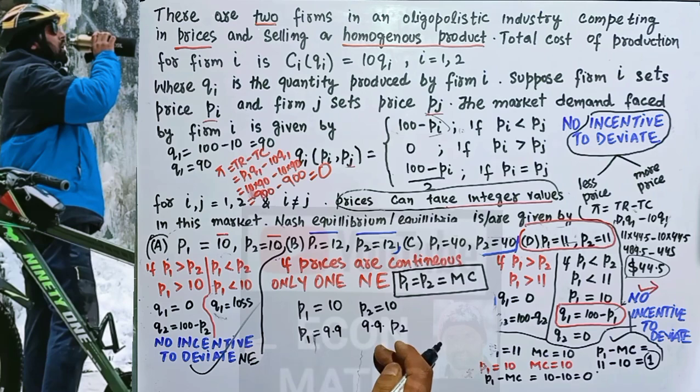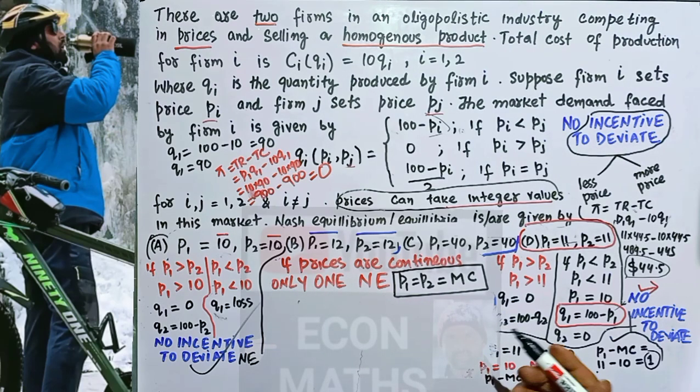If firm 2 charges 9.9 and firm 1 charges 9.8, then when prices are continuous, in simple words, we have only one Nash equilibrium. In that case firms will undercut each other's prices till they charge a price equal to marginal cost. And let me repeat it here.